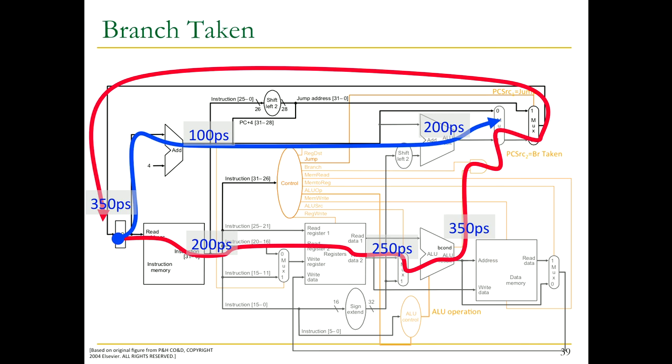Branch taken, usually shorter, but you can see that the critical path of a taken branch goes through this part. Basically the update of the program counter, right? With our assumptions, it's 350 picoseconds over here. And it's really update of that program counter determined by the branch condition, right? This path also is a potential critical path, but it's not your critical path because this signal to this mux, which basically determines what is your branch condition, if it's taken or not taken, is the later one to arrive over here.